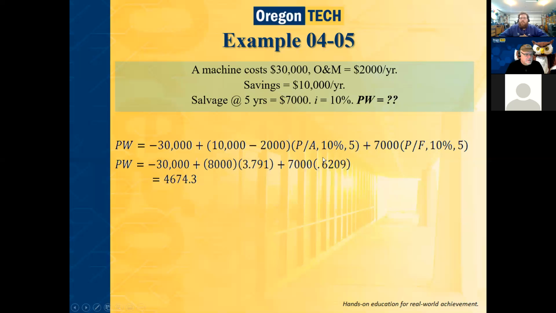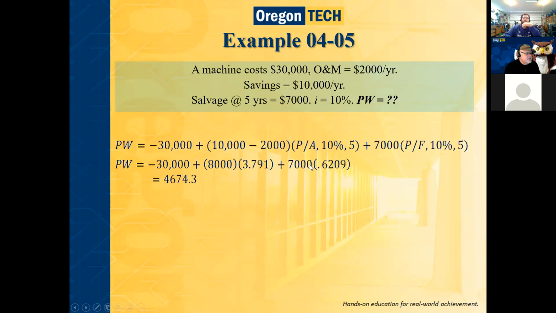You go find that P/A on the 10% page, go down the 5 column, you get this 3.791 factor times that $8,000 you're saving every year for 5 years. But you got to add also the $7,000 I'm going to get, times that factor, which gives you that 4674.